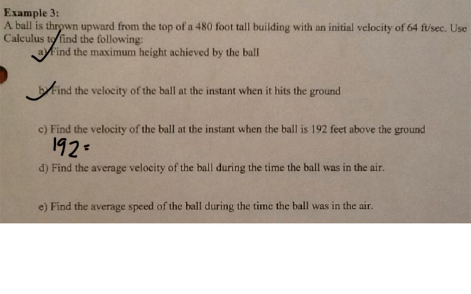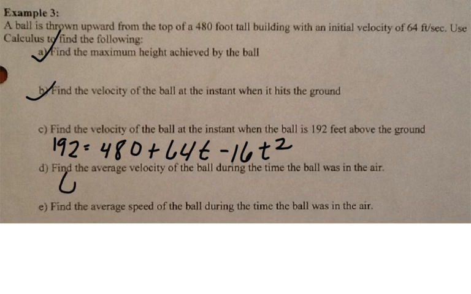And so I'm going to set 192 equal to my position function to get the time when the ball reaches the height of 192. So I'm going to subtract 192 from both sides, which will give me 0 equals 288 plus 64t minus 16t squared.